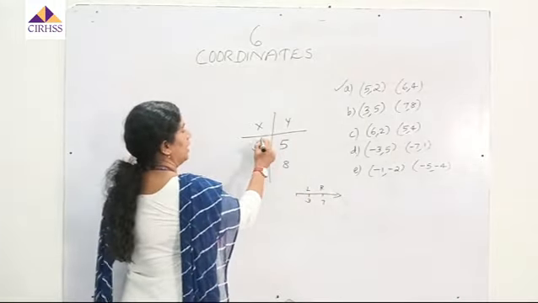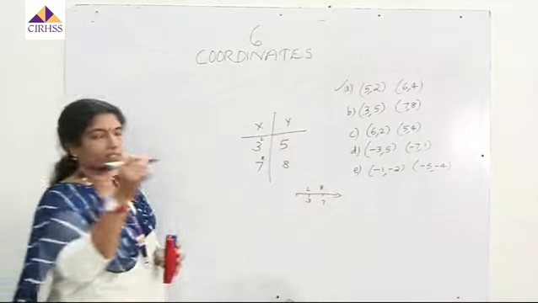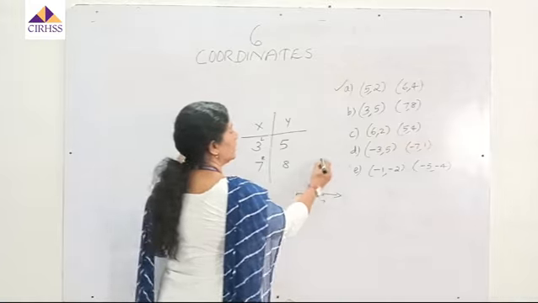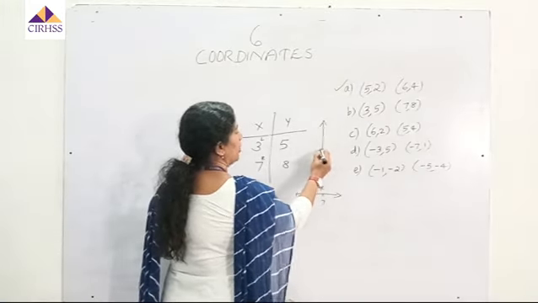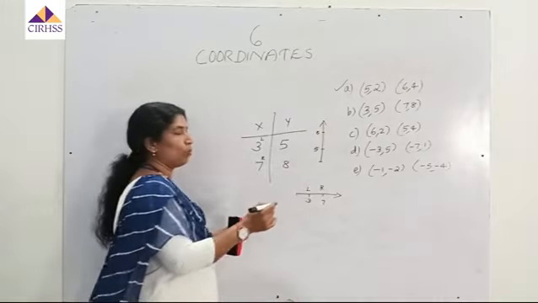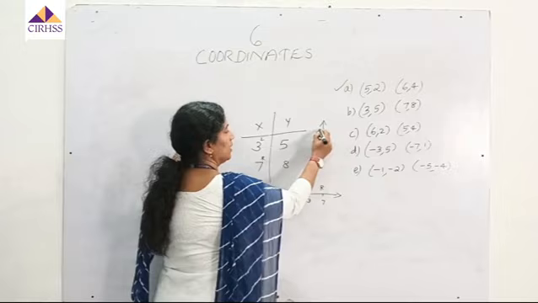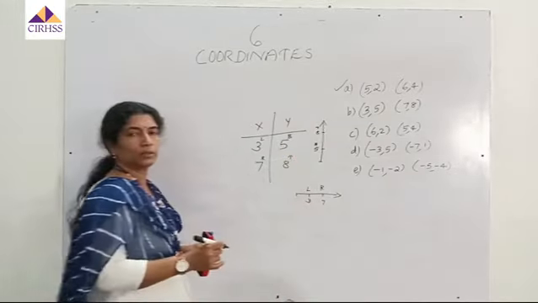That is left, right. Next 5, 8. 5 is in the bottom place and 8 is in the top place. Bottom, top.